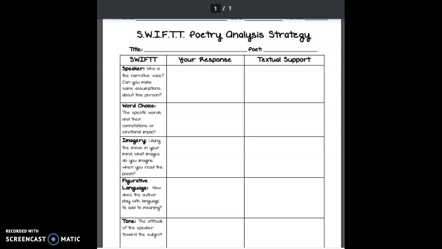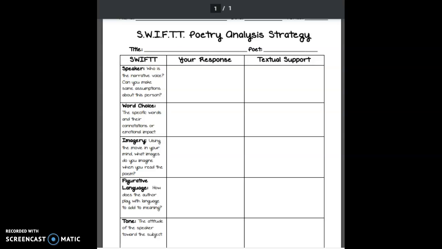And we want to think about how do those lines help us understand the main idea and get a better picture of what's happening. So as it says here on the analysis sheet, you're using the movie in your mind, right? What do those images cause you to imagine as you're reading the poem or the song, all right?